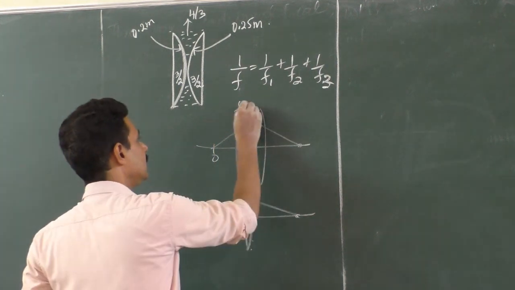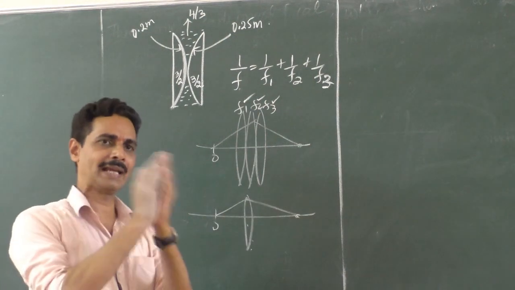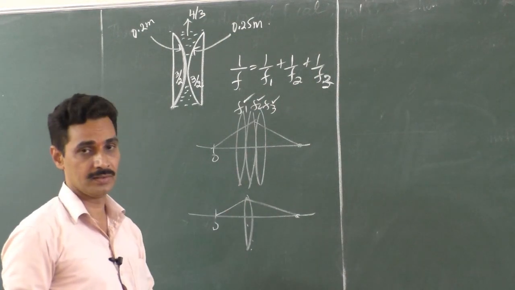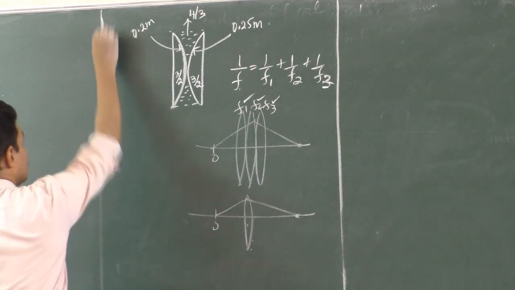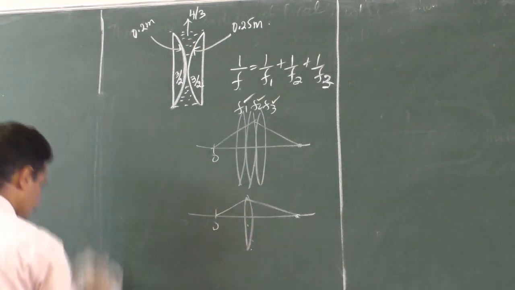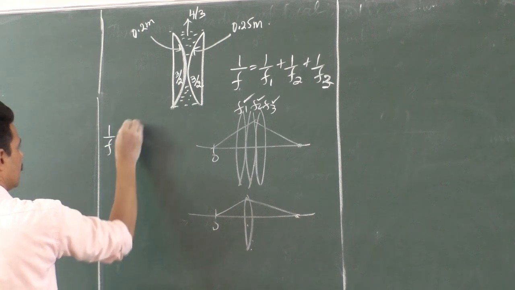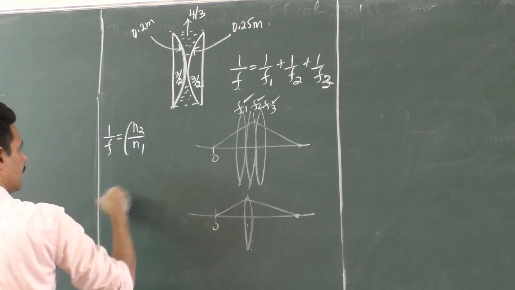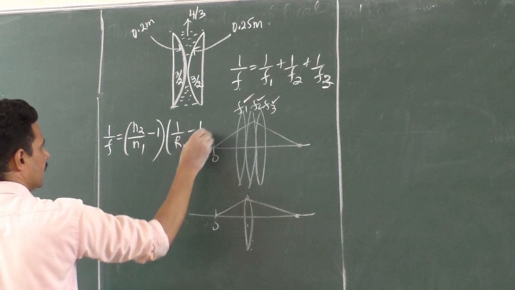But what about these individual focal lengths? These individual focal lengths are the focal lengths when they are kept in air, not when they are in the combination. Now that problem arises when you substitute in the lensmaker's formula: 1/f is equal to (refractive index of the lens by surrounding medium minus 1) into (1/r1 minus 1/r2).